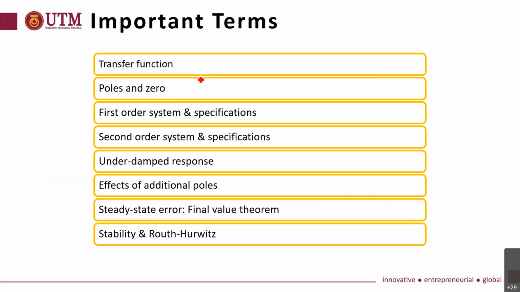You need to know transfer function, poles and zeros. You need to know first order system and their specifications, second order system and also specifications, underdamped response, effect of additional pole, steady state error, in particular final value theorem, which is the theorem used to calculate steady state error.